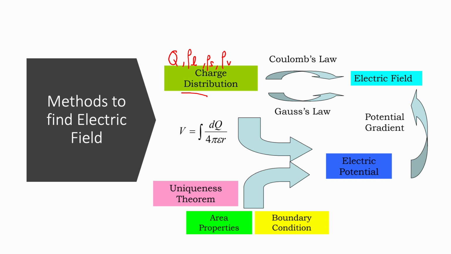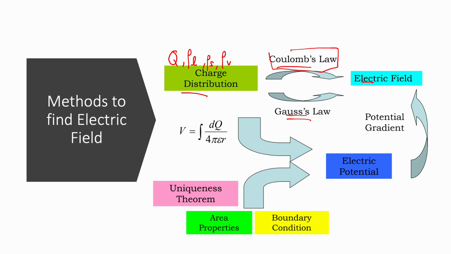From the charge distribution, in chapter 2 we learned how to find the electric field using Coulomb's law, and in chapter 3 we learned about Gauss's law, the simplest way to find the electric field.